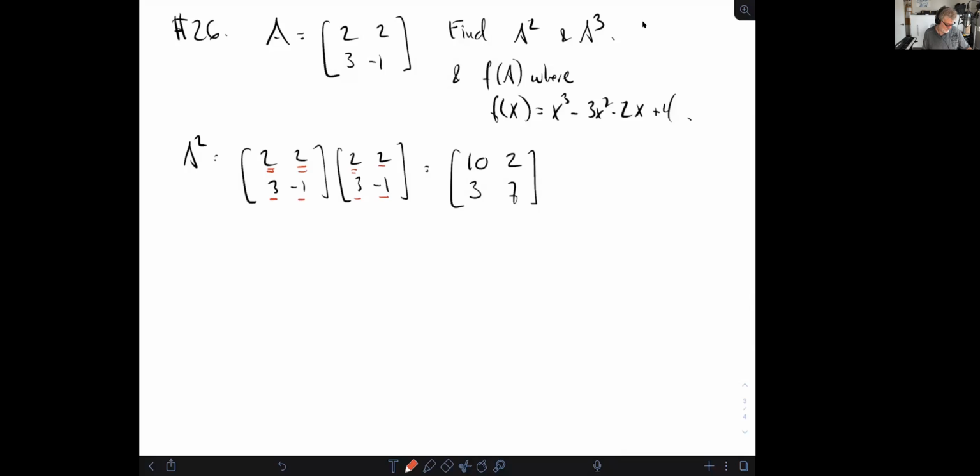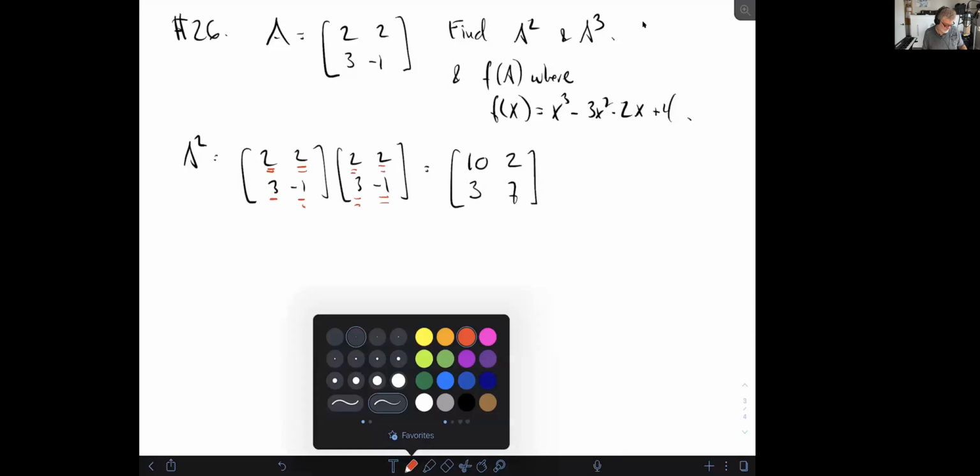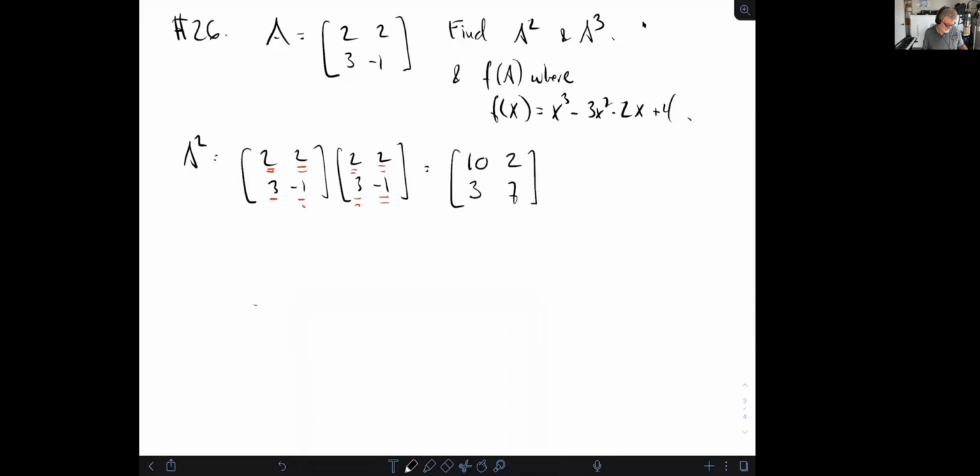Then this row times this column, that's 6 minus 3, that's 3. And then 6 plus 1 is 7. So hopefully that's okay. Let me cheat so that I don't go down a rabbit hole after that. That's number 26. Okay, that's good. So A squared is good.